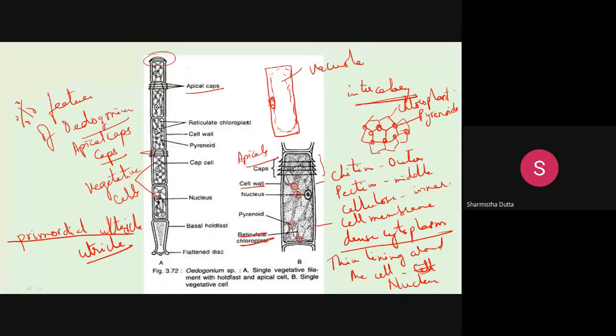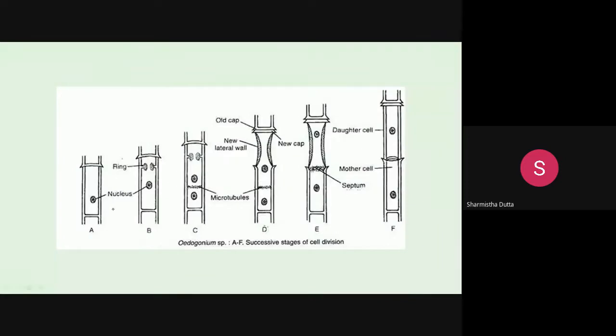So, next. Next is, as we said, cell division. It is very, very important. Cell division in Oedogonium is very important.